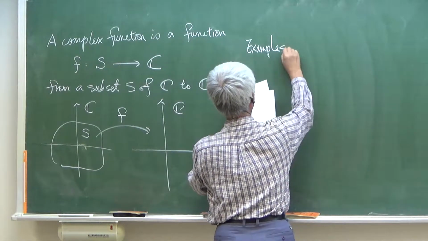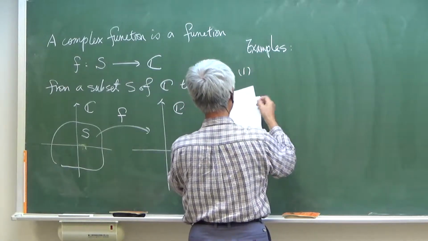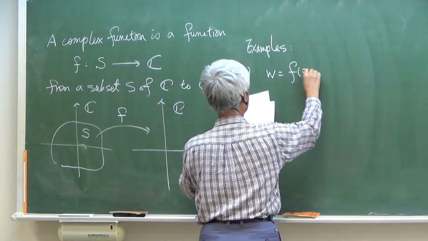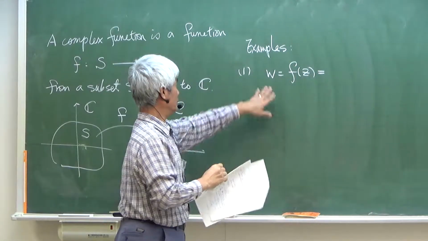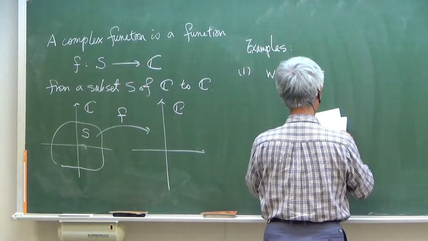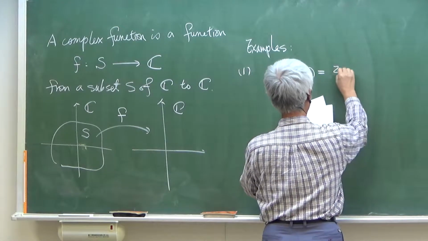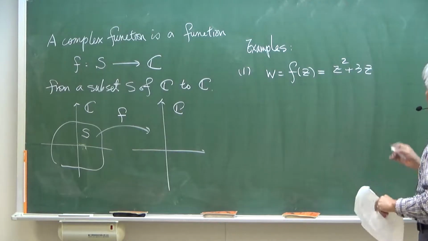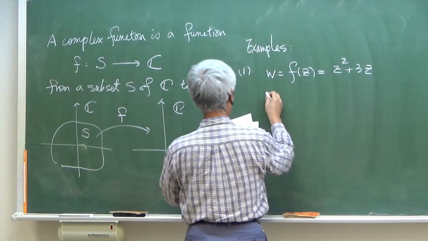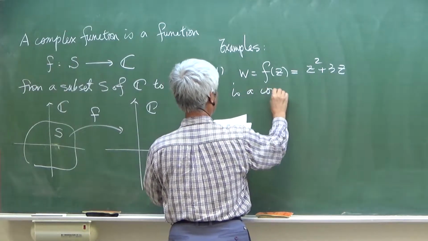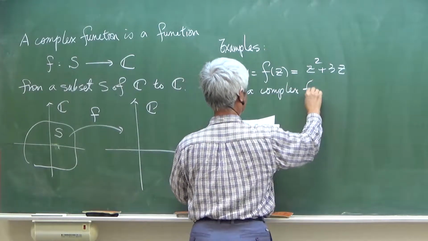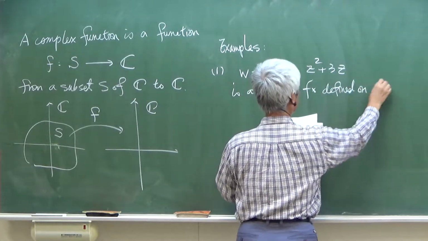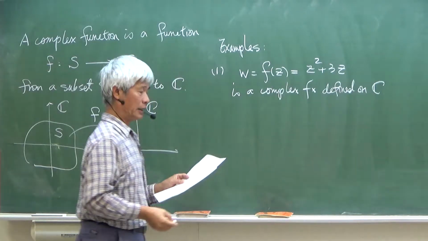Examples. So if W is, so we define a function with value W, which is, say for example, a polynomial function. This polynomial function is a complex function, of course, defined on the whole set of complex numbers.